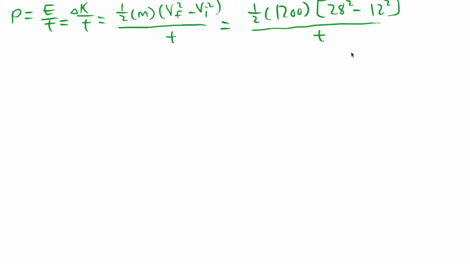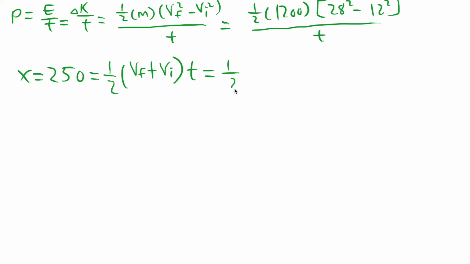So how do we find time? Well, we know the distance traveled. Distance traveled is equal to 250 meters, and we know distance is equal to a half times the final velocity plus initial velocity, times time. We know the final velocity and initial velocity, so this is going to be equal to 28 plus 12 times time.